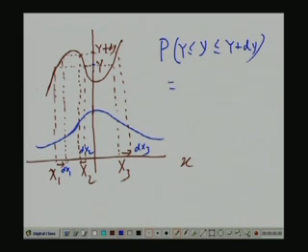Either x would be here or here or here. In fact, this area and this area, the summation of the three areas will be the probability of this. Okay.